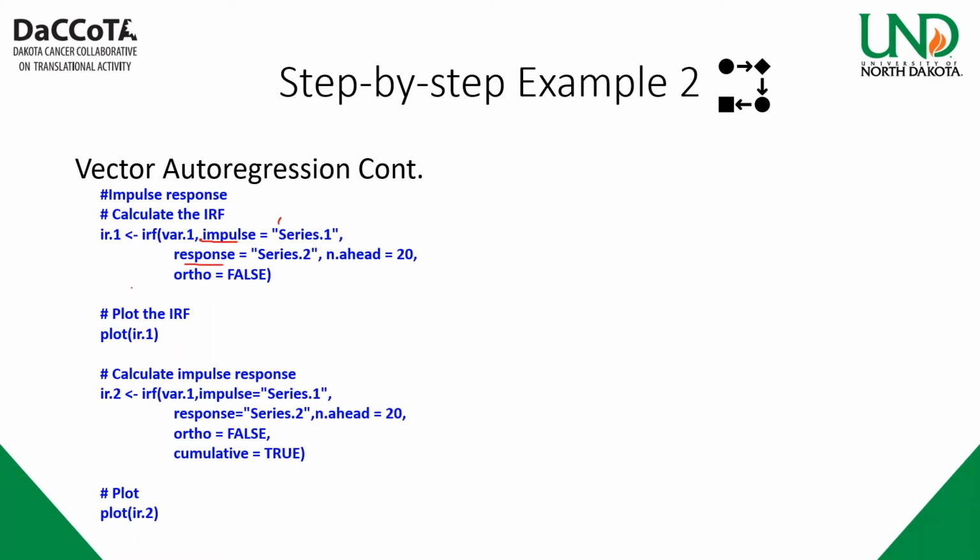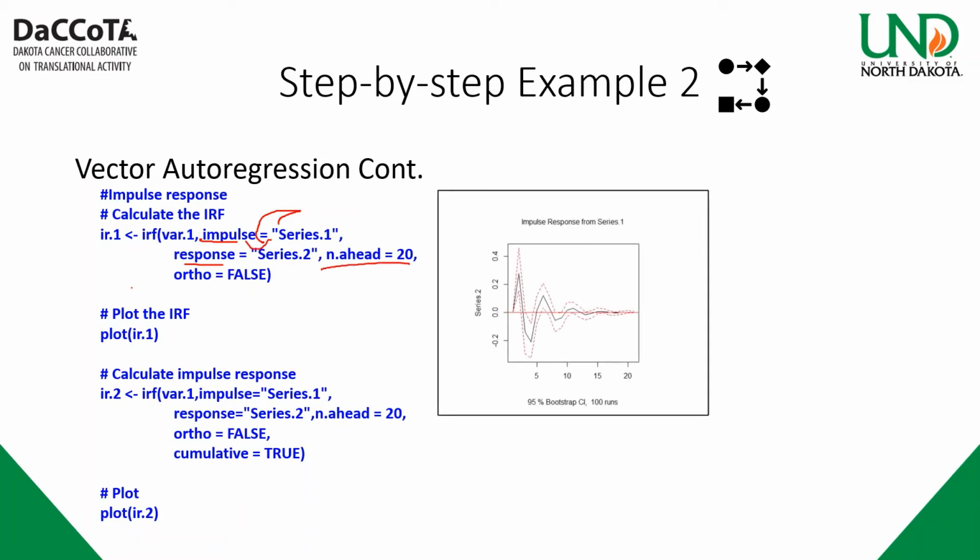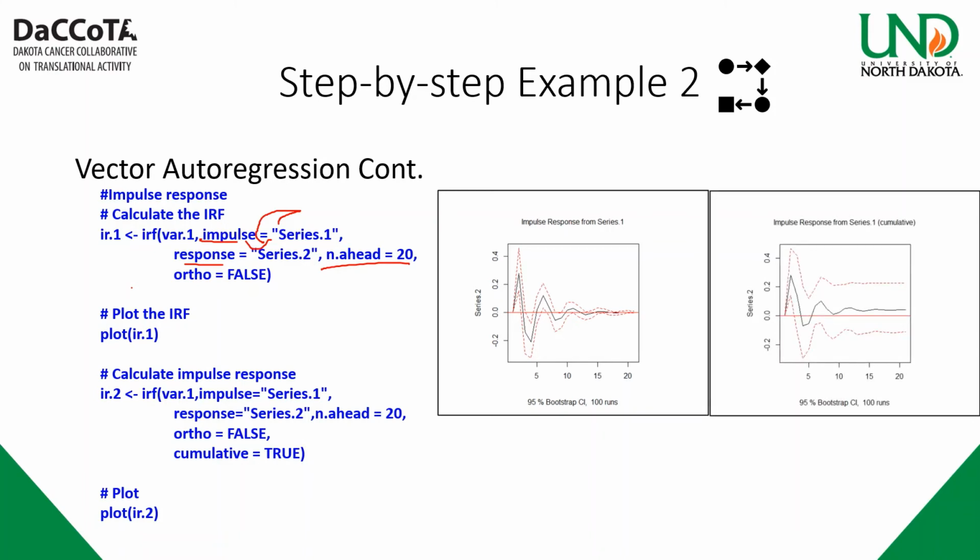So series 1, its effect on series 2, and then for a certain period of time again, it can look like this. We can see that, oh, there's initially kind of a shock, but then it kind of stabilizes after time iterations. You can also have the cumulative. So that's cumulative goes true, and we can see here that over time it ends up being positive, slightly positive in the end here.